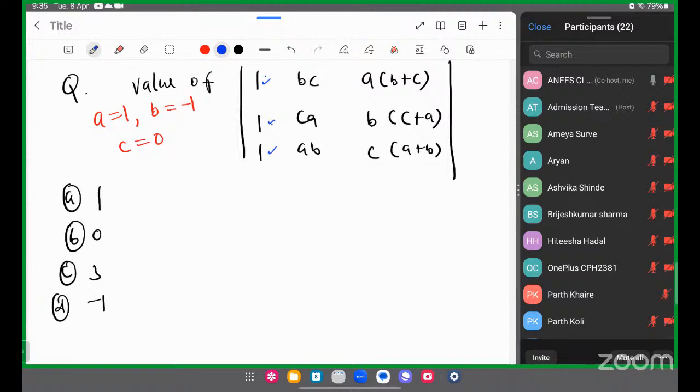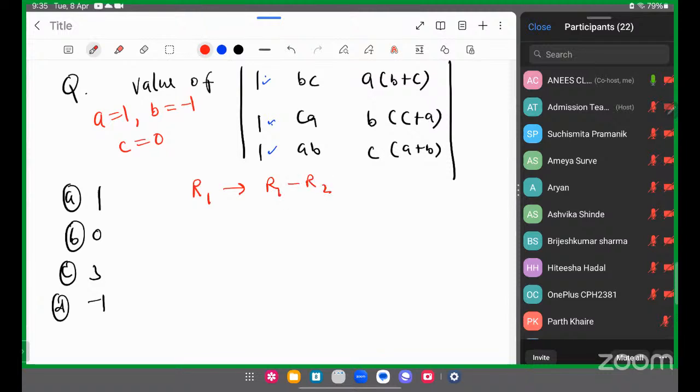Yes, sir, by row or column operation. Yes. R1 will be given as R1 minus R2, I think. Or let me do it with the help of R3. No, this will be better for R2.